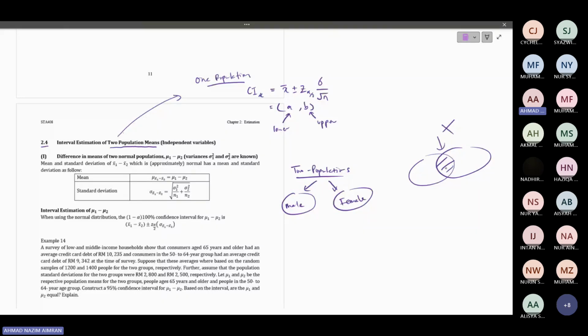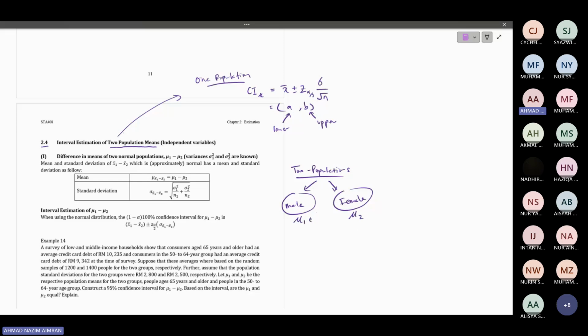So when estimating the interval for two populations, we actually want to find the difference in the means of the two populations. We will have the mean for population number one and the mean for population number two.